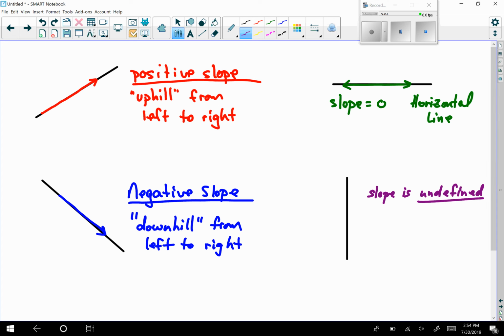You could stand on flat land, but on this vertical line, there's no defined or definite place to stand, so slope is undefined. A lot of times you might come across the phrase no slope, which is, like I said, used with this, but I don't want you to get confused with the slope of 0, so I always like to stick to the word undefined.